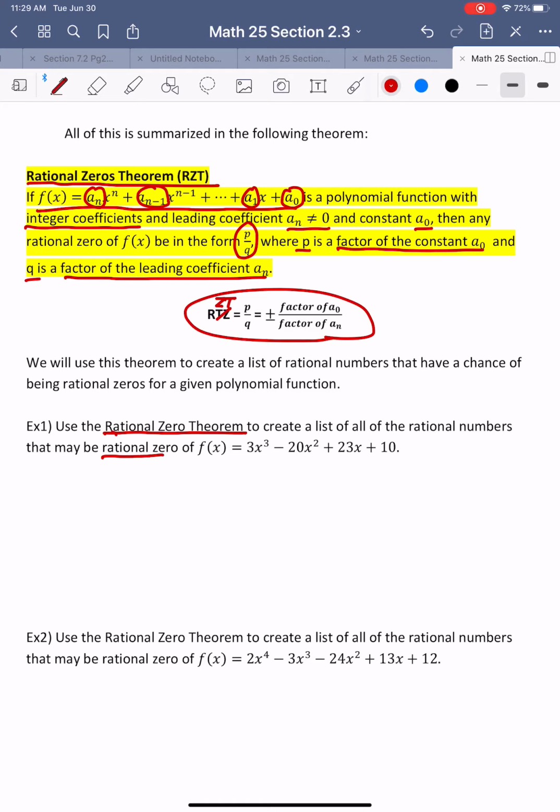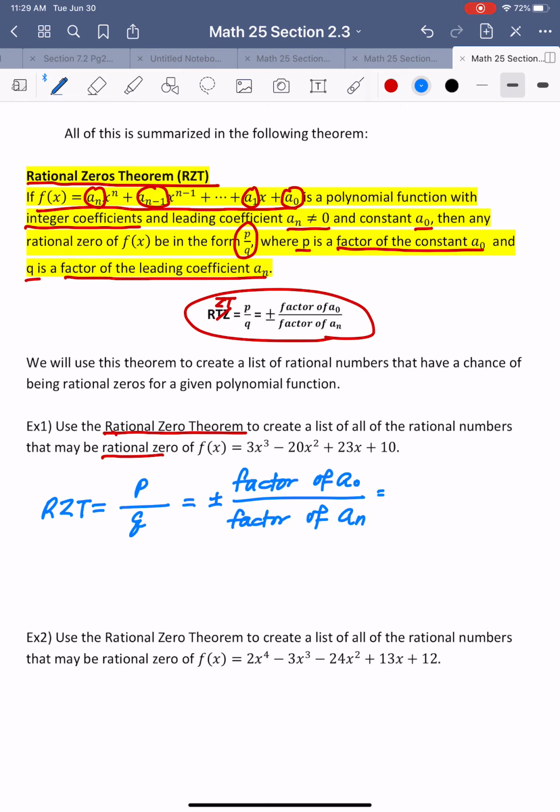So let's say the rational zero theorem is about p over q. Then p is going to be plus minus, you need to put all the factors of a sub 0 and then factors of a sub n.